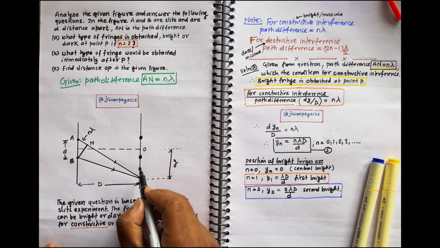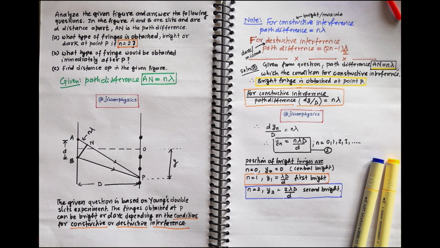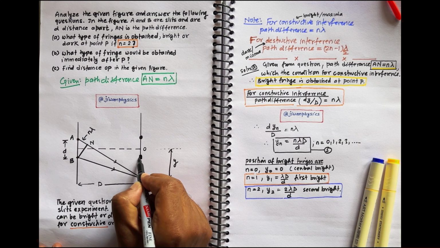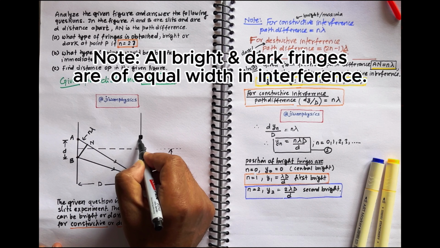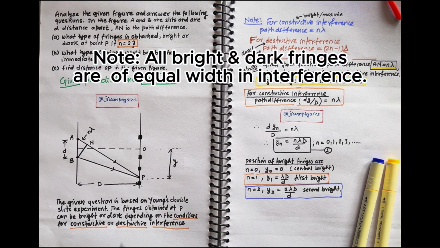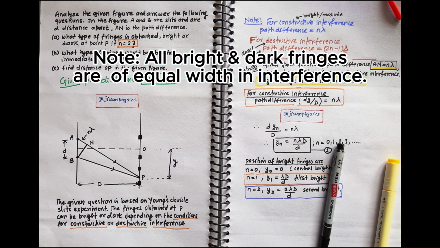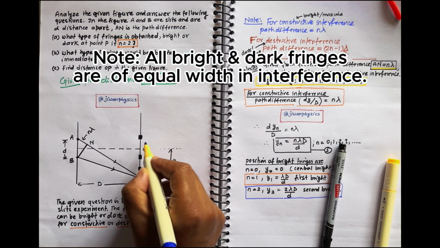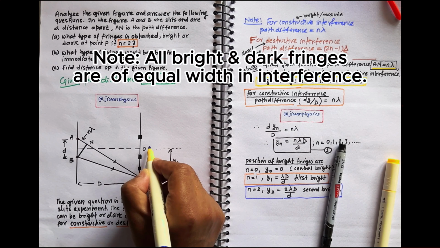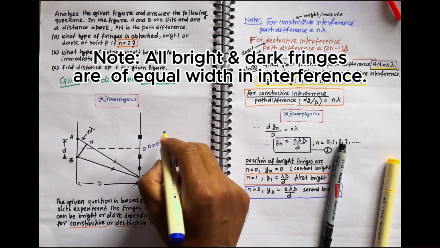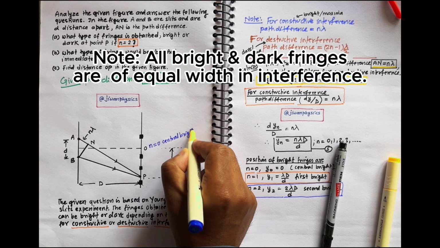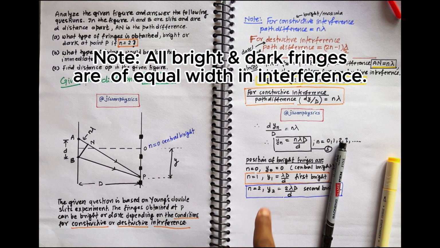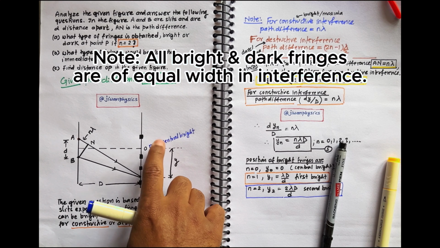I'm drawing roughly. Okay, so we have this. Now what we find is that this corresponds to central bright, n equals 0 corresponds to central bright.